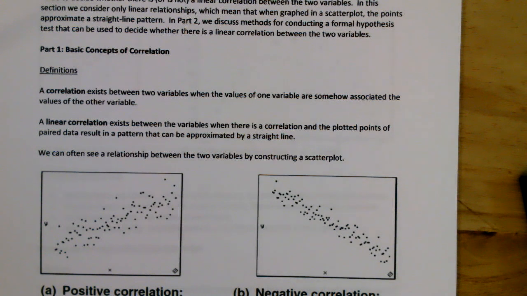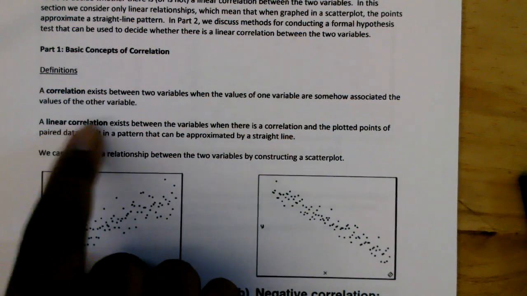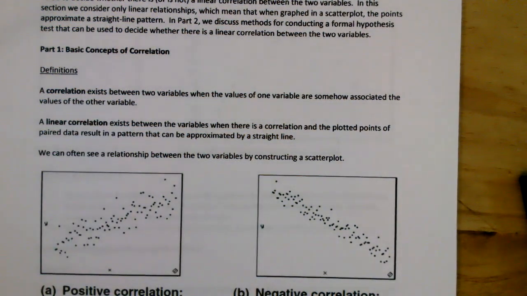It's just an association between two variables. Now, linear correlation, more specifically, exists between two variables when there is a correlation and the plotted points of paired data result in a pattern that can be approximated by a straight line.